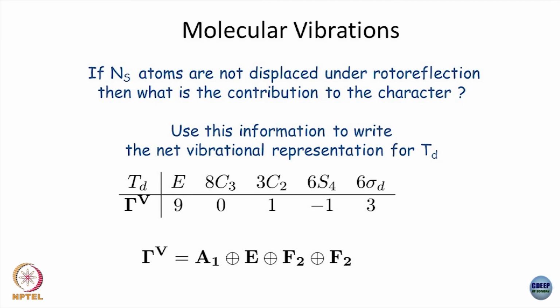For the rotoreflection I have not really worked it out for you, but I want you to first do that and then you can figure out that it is minus 1. After you have written this, the rest is very straightforward. You know how to find the number of times in a reducible representation each irrep occurs. For that you need the character table, and using the character table you can fix it.